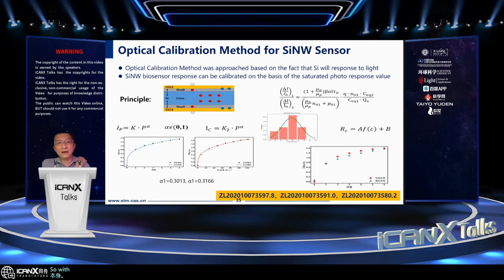So with this property, we have calibrated our silicon nanowire on the basis of the saturated photonic response. And then we can calibrate it very well.